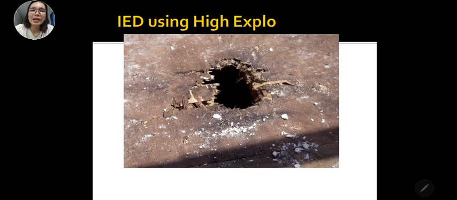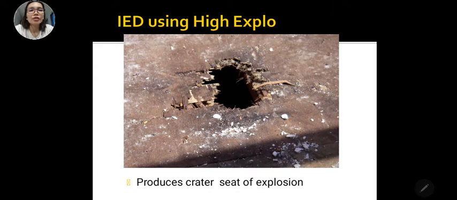So, yung TNT is considered a high explosive. So, ito yung magiging crater niya kapag yung IED natin ginamit yung example of high explosive, which in this case is TNT. So, there is a crater or the seat of explosion.